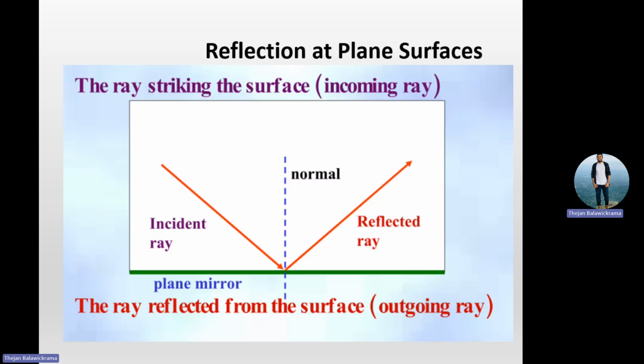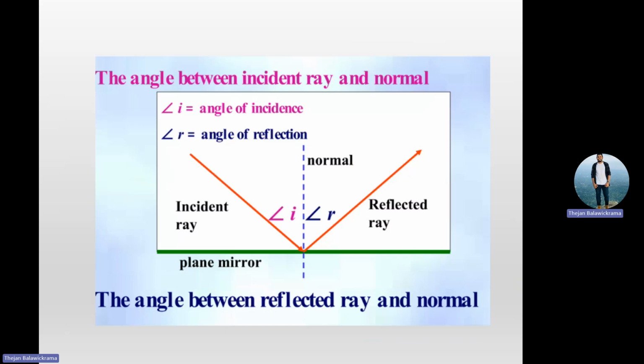But okay, done. Fine. Next. Again, the angle between the incident ray and the normal is called the angle of incidence. The angle between the reflected ray and the normal is called the angle of reflection.